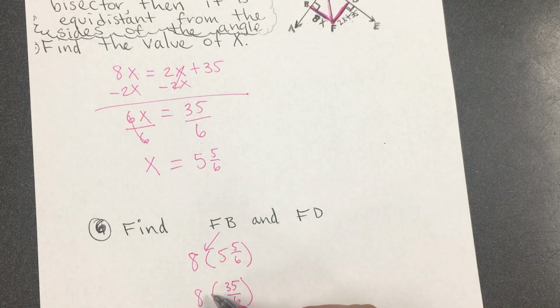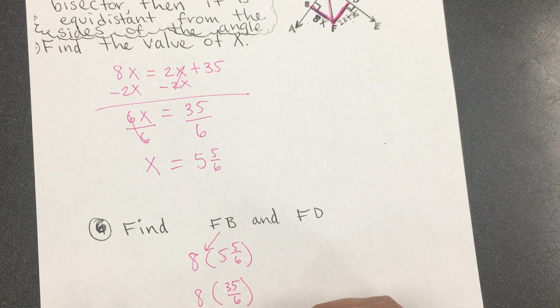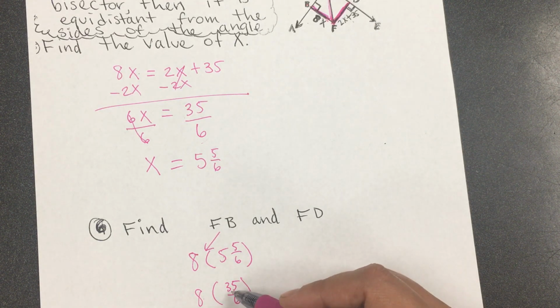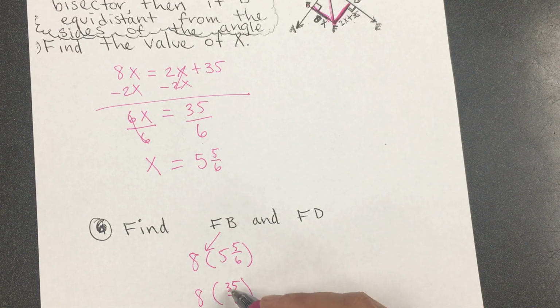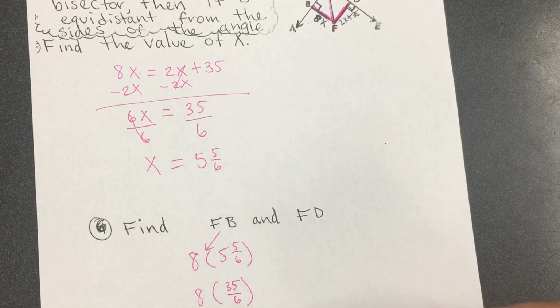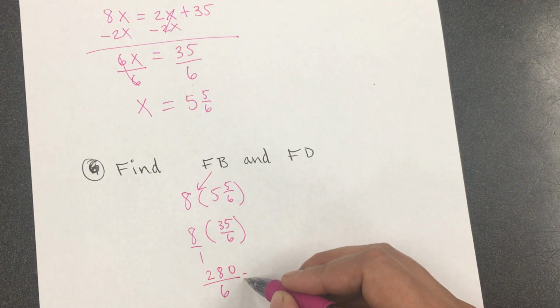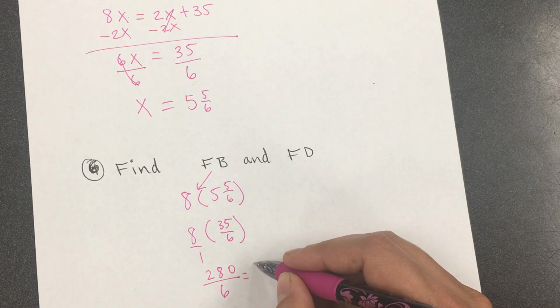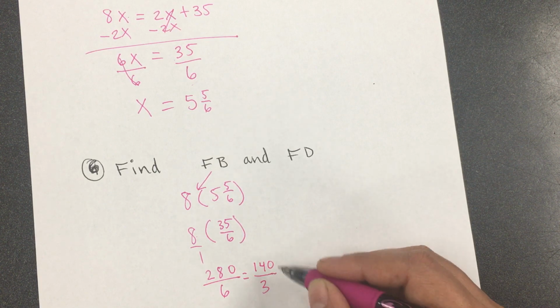We put it over 1 and multiply, so 8 times 5 is 40, carry 4. 8 times 3 is 24. So 280 over 6. And if we simplify that, half, it will be 140 over 3.